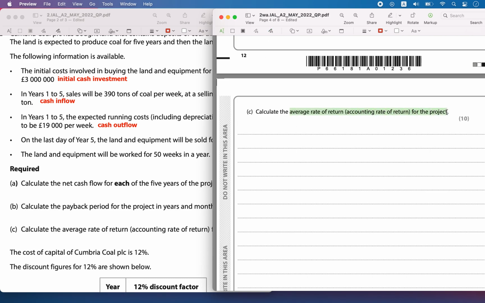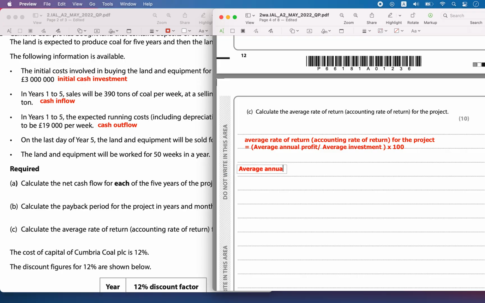In the average rate of return, the formula you are going to use is average annual profit divided by the average investment you have made. This represents the average annual profit, and you have to multiply it by 100.